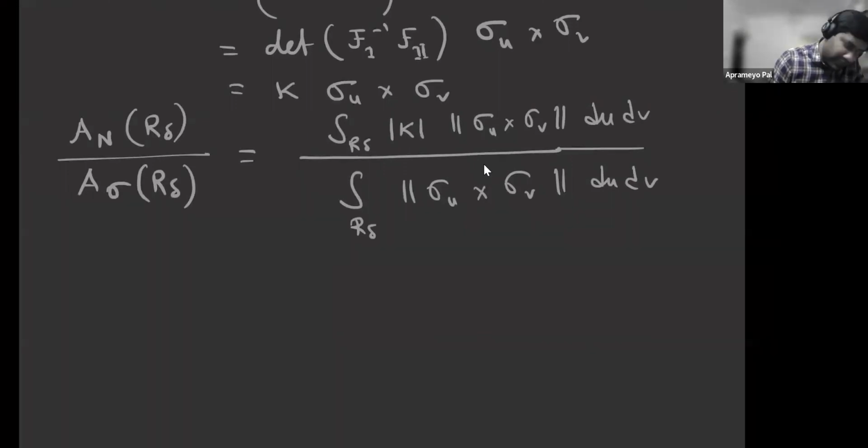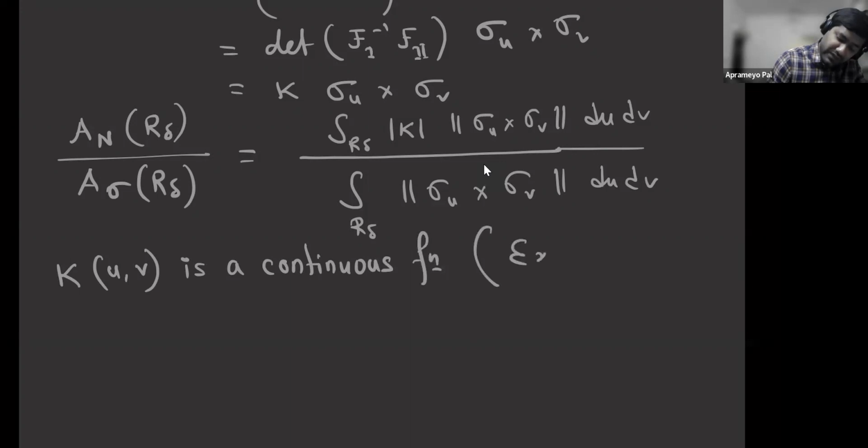So now you would see this K(u,v), this is actually a continuous function. This you will see in the exercise. So since this is a continuous function, now this is kind of an analysis problem, a limit problem essentially.